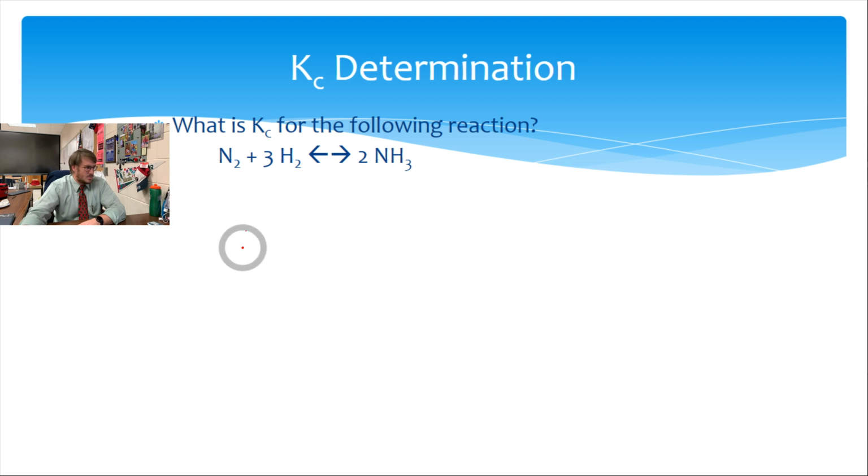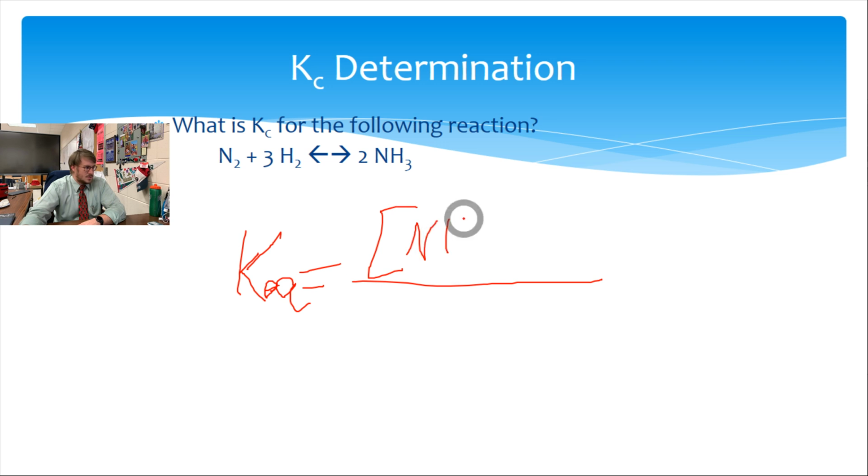Okay, so we have Kc or Keq. I'm going to use Keq because that's my favorite. Keq equals a line in between, because we're going to take products, [NH3] raised to its coefficient, 2, over [N2].